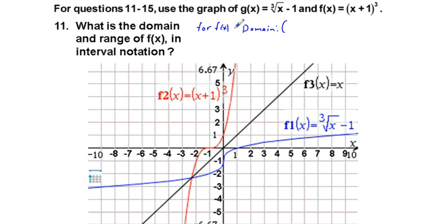It says f of x is this cubic function, so we're going to call this f of x here, right? Is all real numbers. Interval notation is parentheses, negative infinity, comma, infinity. Range is likewise going to be all real numbers, which we write similarly: greater than negative infinity, less than infinity. So that's going to be our domain and range. And I'm going to box this in.